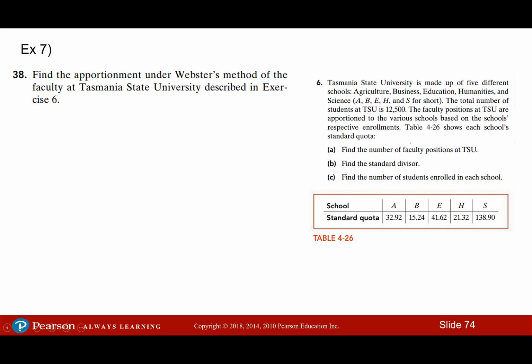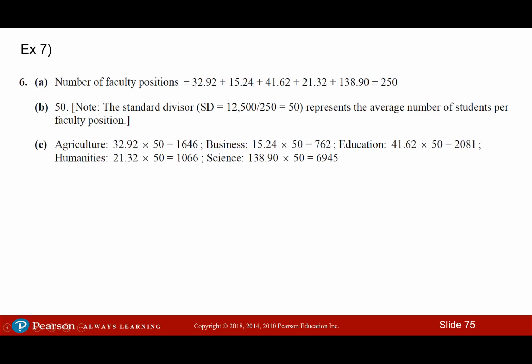We want to do the Webster method, knowing the answers already for number 6. So let me get the answers for number 6. I think it was this. The number of faculty positions is 250, and so the standard quota was 50. And then the answer for number 6 is you spread out your answers for part C.